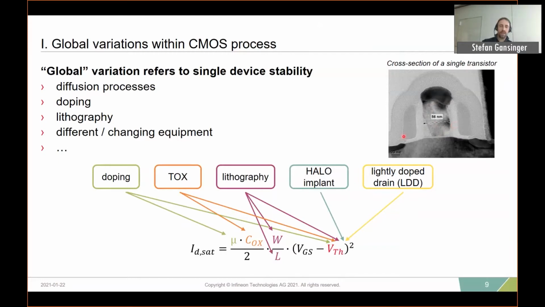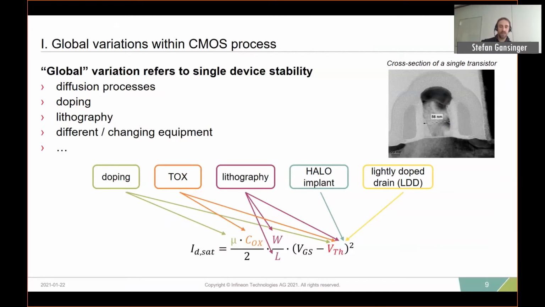When we look at the simplified equation for a transistor in saturation, the drain current, we see a lot of process constants, so values which are given by the process. For instance, we have the mobility, which is typically influenced by the doping constant. Then we have, of course, the gate oxide, which is given by its thickness.